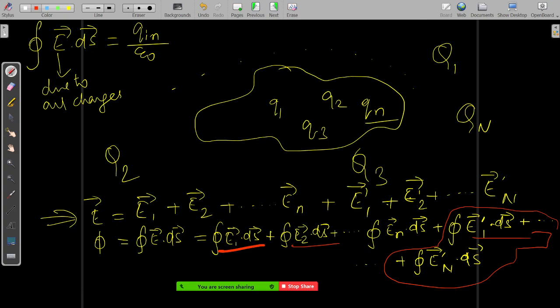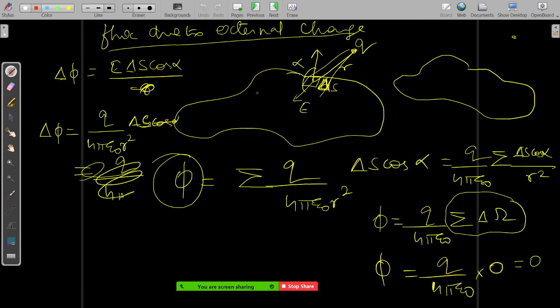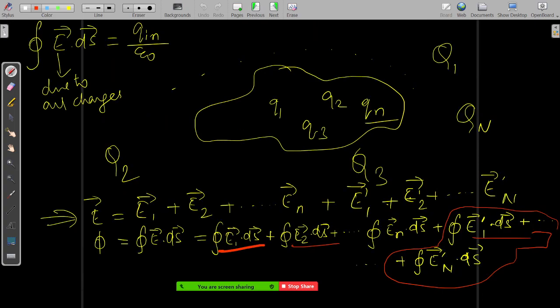Why? We just saw in the previous example that due to an external charge the flux will become 0, right? So this flux is due to an external charge. This one, Q1, this one, Qn. Similarly, whatever the capital Q1, capital Q2, all these are external charges. So this totally becomes what?